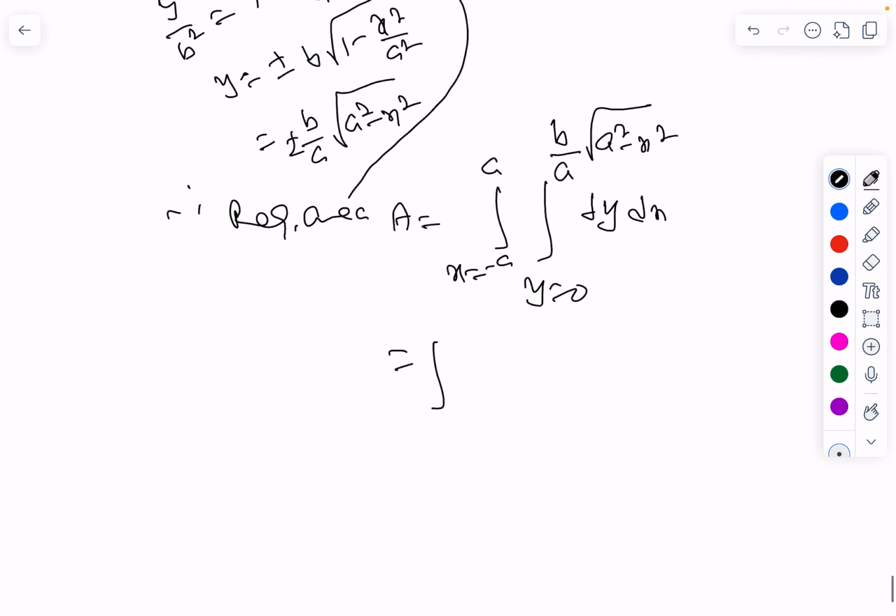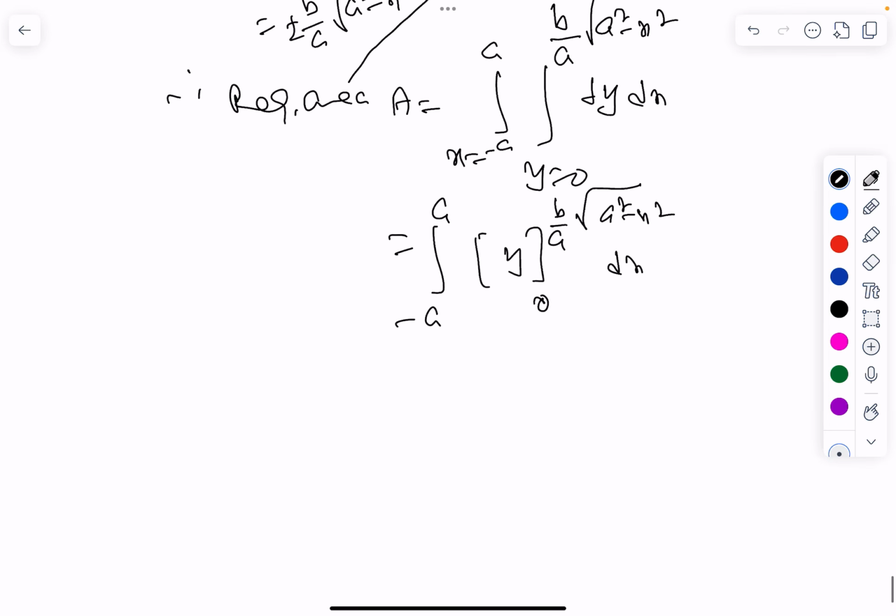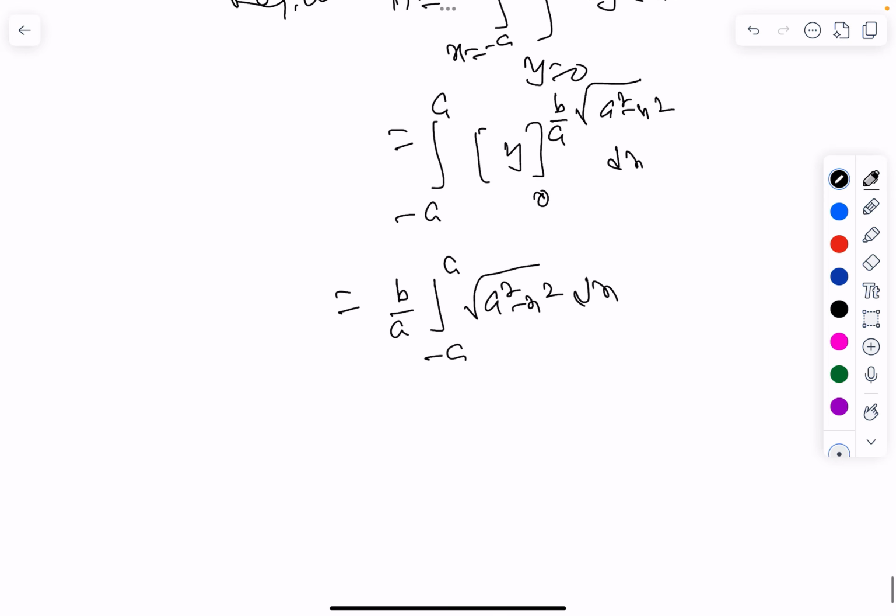So this is minus a to a, integration is y, 0 to b by a root a square minus x square. This is equal to minus a to a, b by a, the root of a square minus x square dx.